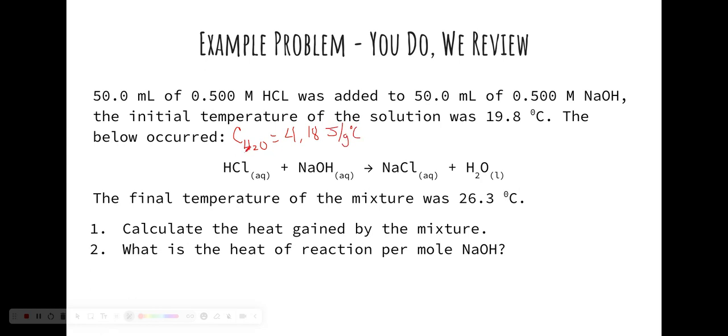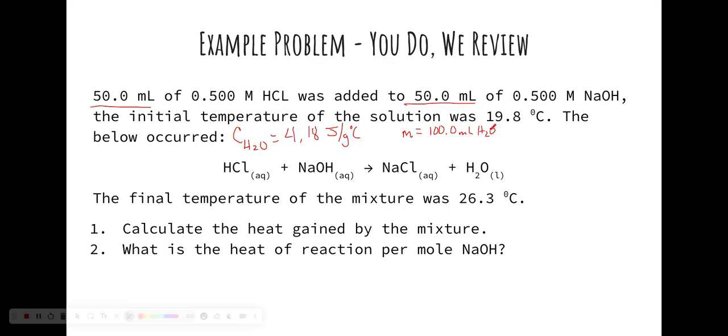And then the other thing I need to fill you in on is the fact that if you look at the 50 mL in both parts here, well, when you add the solution together, your mass is really going to be 100 mL of water, right? Because, again, these things are dissolved in the water, okay?